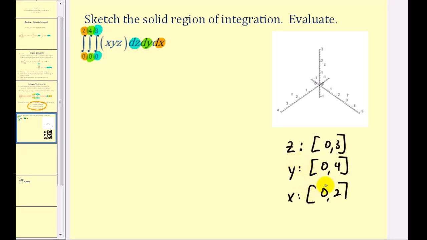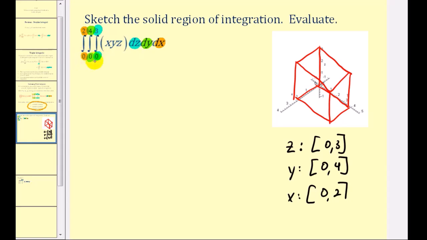So notice in the xy plane we'd have a 2 by 4 rectangle, something like this. But then z is on the closed interval from 0 to 3, so it'd be all the way up to here. And so the region of integration would be the rectangular prism, or the box, formed here.